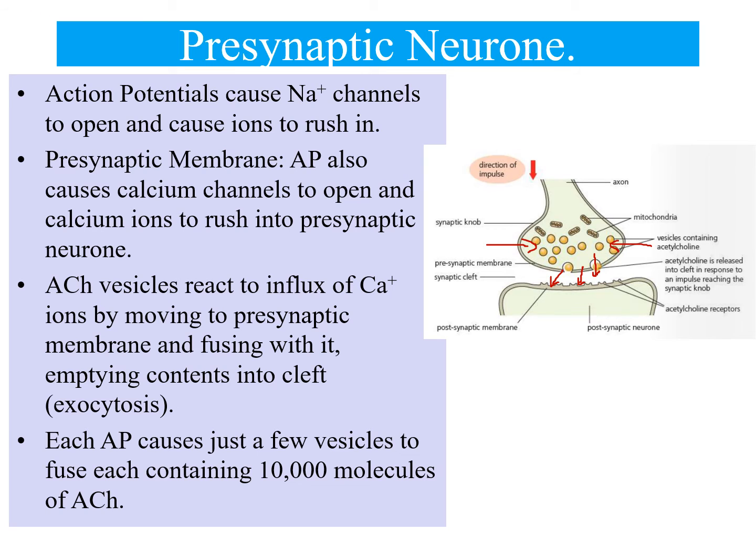Each action potential causes just a few vesicles to fuse, and that's enough to trigger the new action potential at the postsynaptic membrane. But over 10,000 molecules of acetylcholine are actually released, so it shows you that not a lot actually have to get across in order to fuse.